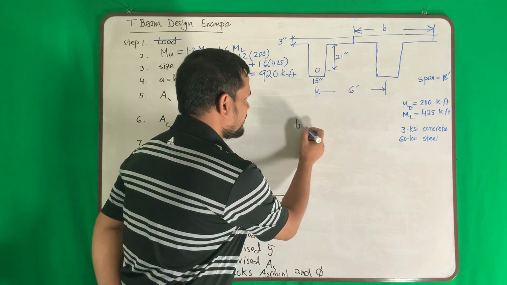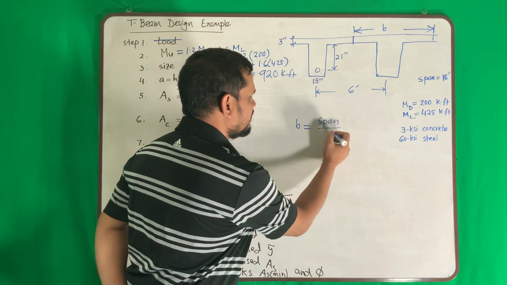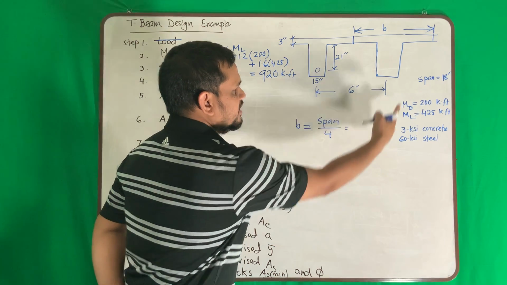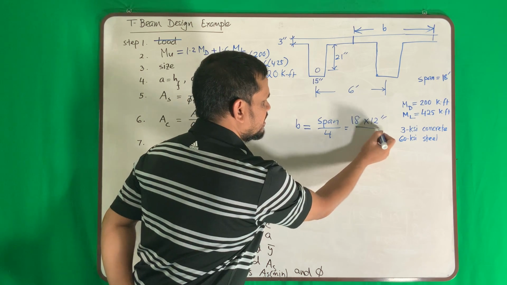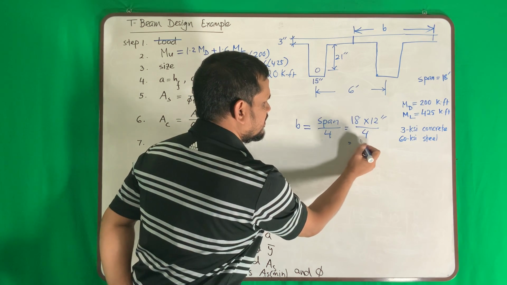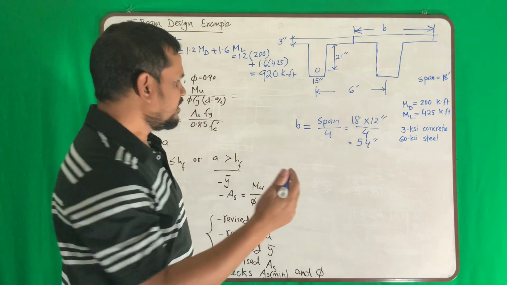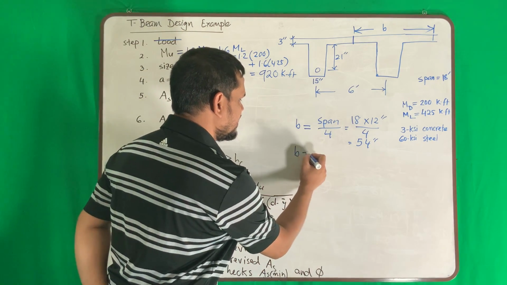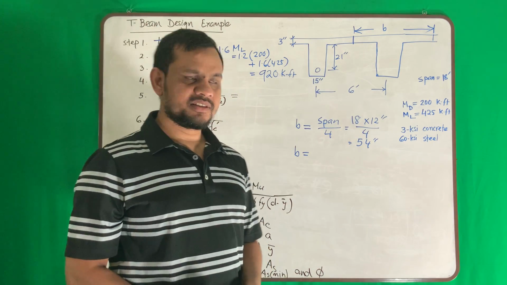B cannot be greater than span over 4. So what is span? 18 feet times 12 inch divided by 4. That means 54 inch.